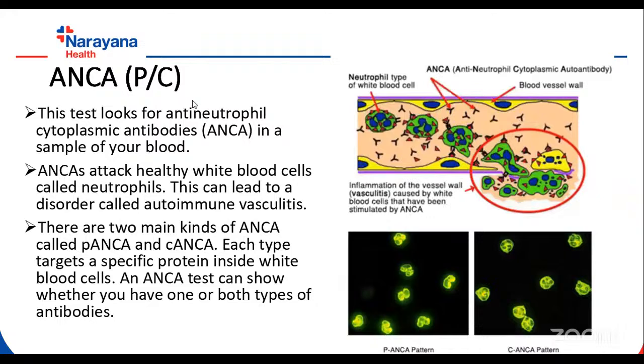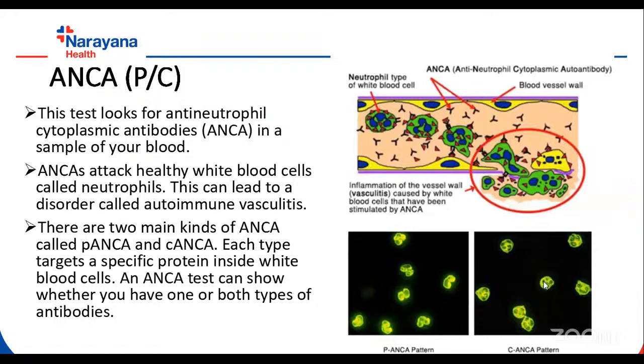ANCA. This test basically looks for anti-neutrophil cytoplasmic antibodies. There are two kinds of ANCA, P-ANCA and C-ANCA. C-ANCA corresponds to PR3 and P-ANCA corresponds to MPO. An ANCA test can show whether you have one or both types of antibodies.